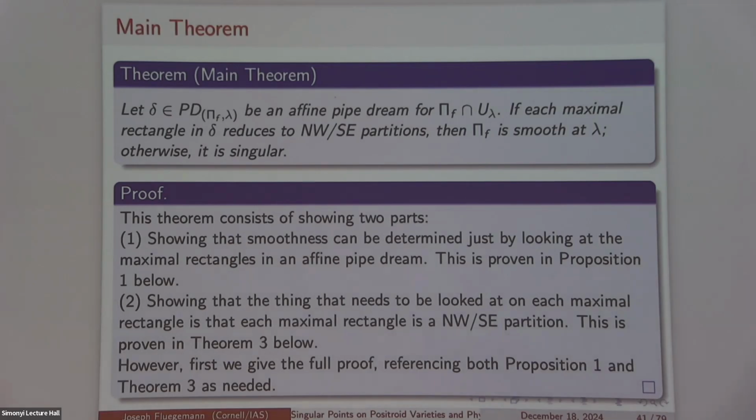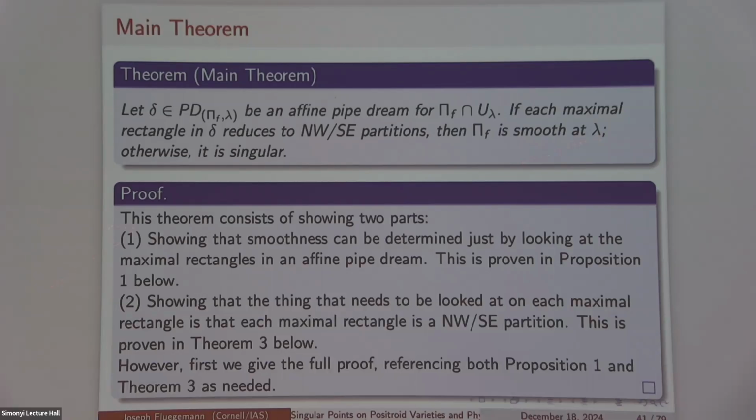So this main theorem, the characterization of a smooth point, says that if you have an affine pipe dream for pi f restricted to lambda, and every maximal rectangle reduces to northwest southeast partitions, then the Positroid variety is smooth at the point.